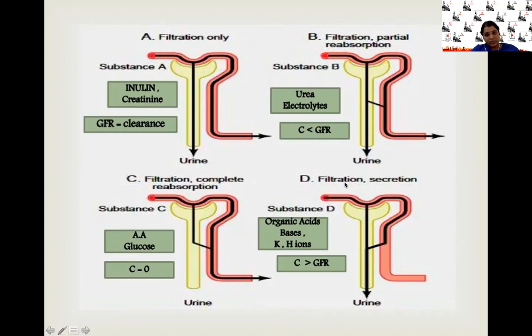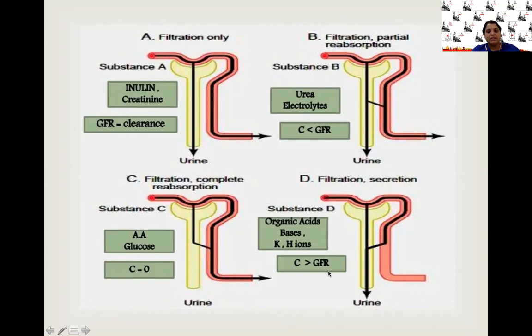Now, certain substances are filtered and also secreted, not reabsorbed. So if a substance X is present in a concentration of 10 milliequivalents in the glomerulus, the concentration in the final urine product will be much higher. This is because it is also secreted by the kidney.